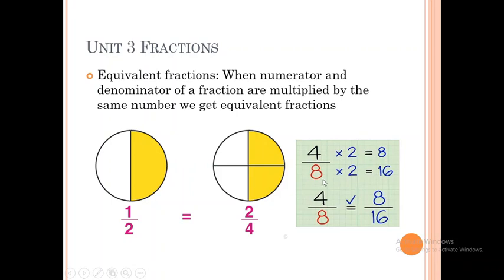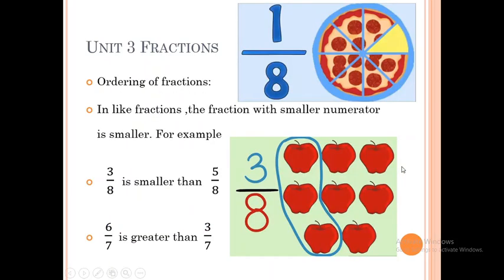Only a single rule: if you want to make an equivalent fraction, multiply both numerator and denominator with the same number, you will get an equivalent fraction of the given fraction. The multiplier is the same for numerator and denominator.